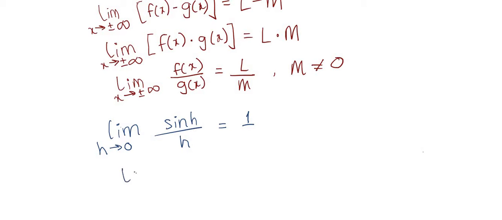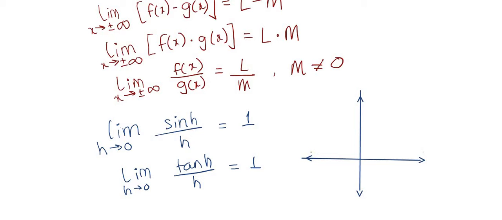And similarly, if you have the limit as h approaches 0 of the tangent of h over h, even this is 1. Now, for those of you who require a graphical intuition, let me draw the graph of sine of x over x. So this is what the graph of sine of x over x looks like.